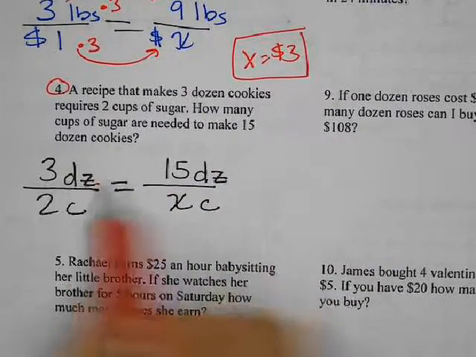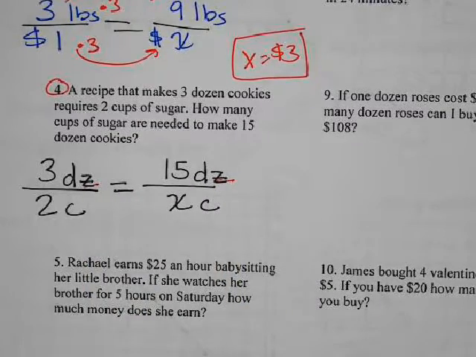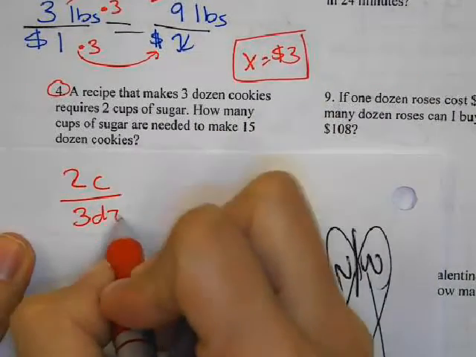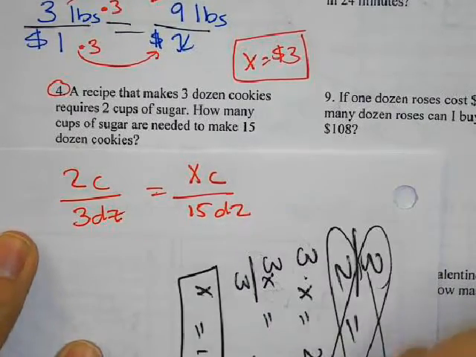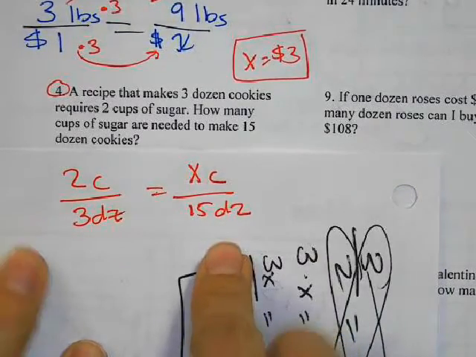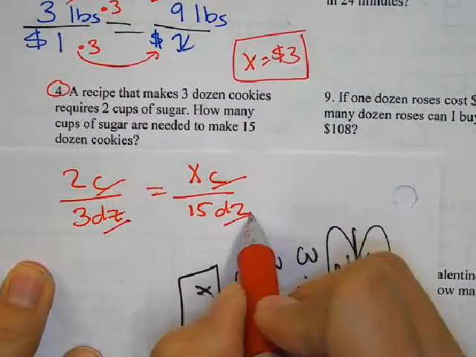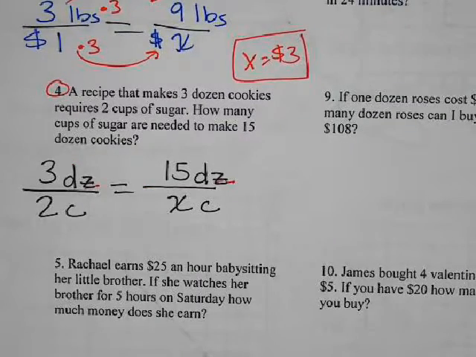You have to make sure that dozen and dozen are on the same line and cups are on the same line. Now, if you wrote it this way, that's okay. Why is this okay? Because we still have cups on the same line and dozen on the same line. Got it?